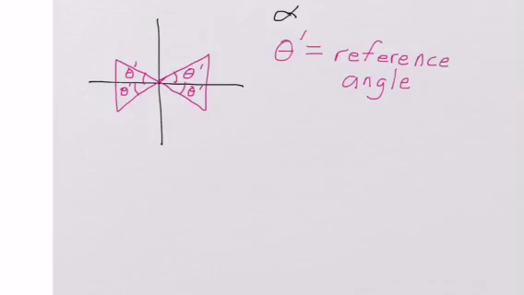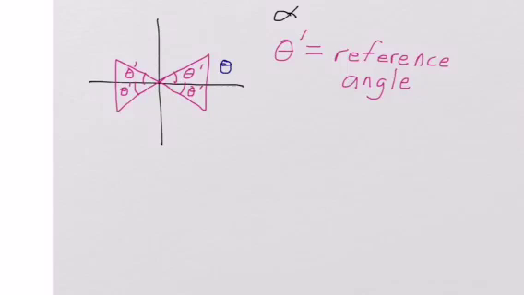So using these definitions, we can take a look at the four different possibilities for what theta prime is. First things first, we're going to go ahead and reduce everything to being between 0 and 360, so we'll use coterminal angles to get there. That would mean in the first quadrant, our reference angle is simply the angle, theta.